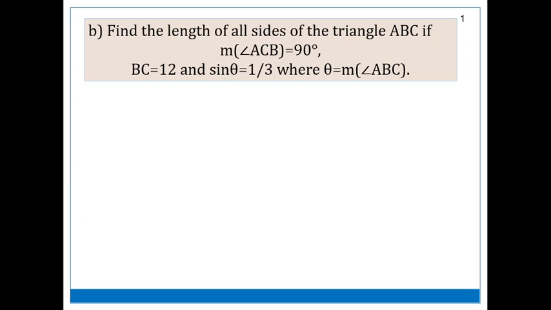Okay, it says find the length of all sides of the triangle ABC if ACB is 90 degrees and BC is 12 and sine theta is 1 over 3, and theta is the measure of the angle ABC. Now first we have to set up the triangle. Let's draw it and locate which corner is 90 degrees.